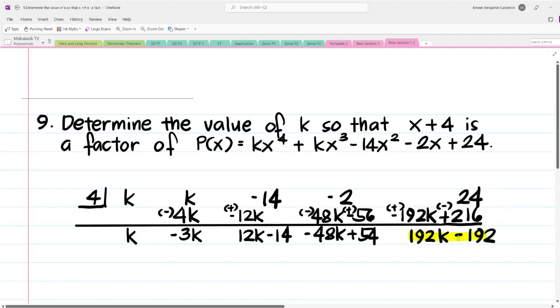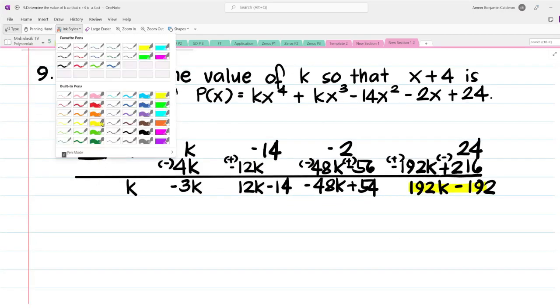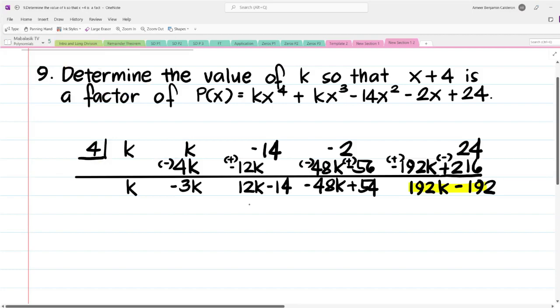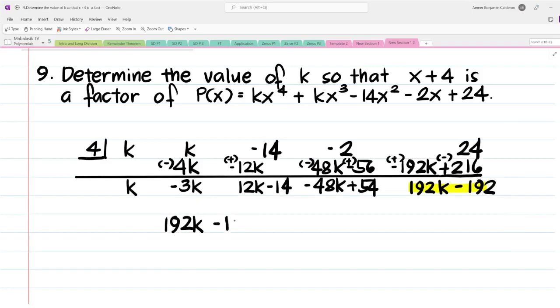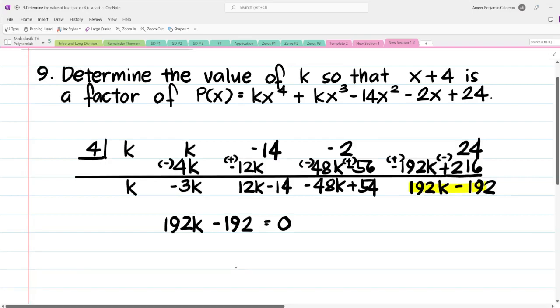But according to our problem, we have to find the value of k such that x plus 4 is a factor of our given polynomial. And we all know that kapag factor, the remainder is 0. So therefore, this remainder right here, 192k minus 192 equals 0. Kasi nga, 0 yung remainder kapag factor. So kahit anong mapunta dito, equals yon sa 0 kapag factor.